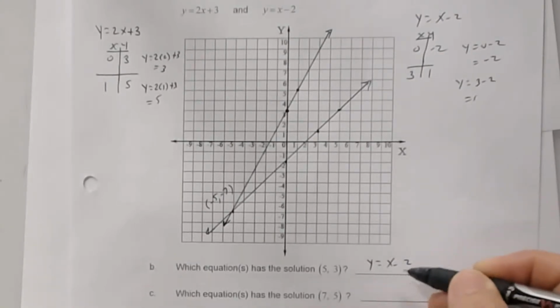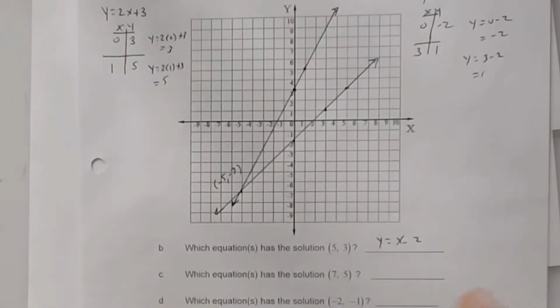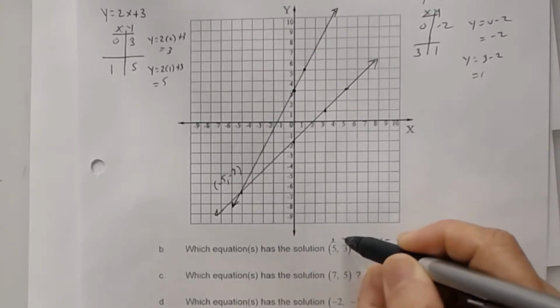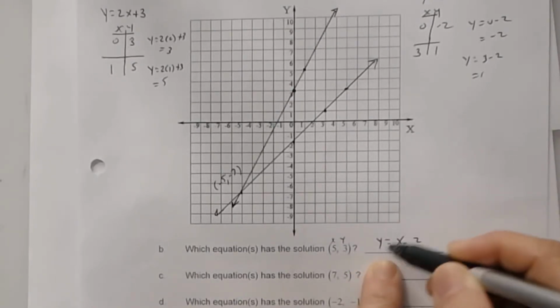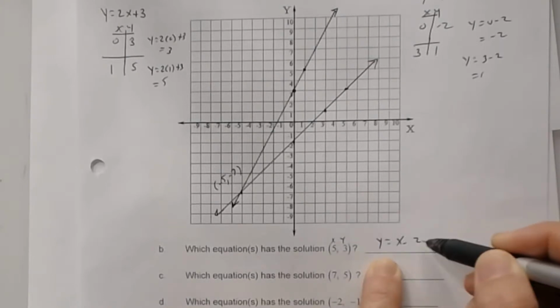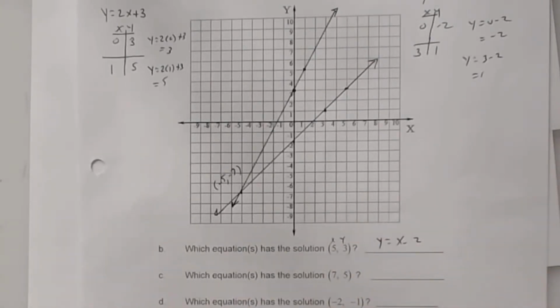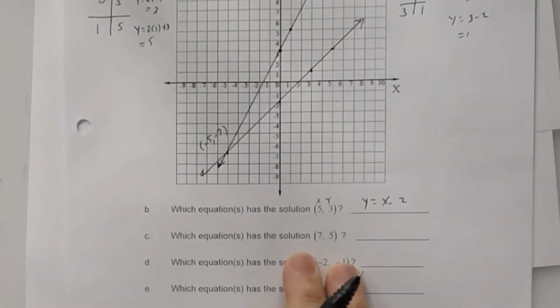And you can check yourself because when we talked about solutions, you plug in those coordinates. The left side better equal the what? The right side. Well, x is 5, y is 3. So we're asking ourselves, is 3 equal to 5 minus 2? What's the answer? Yes. Then we look at the next one. Which equation, or equations, could be both, has solution 7, 5?